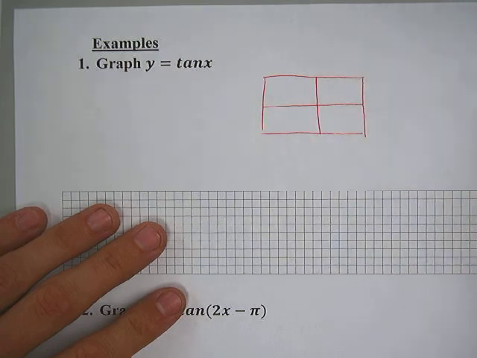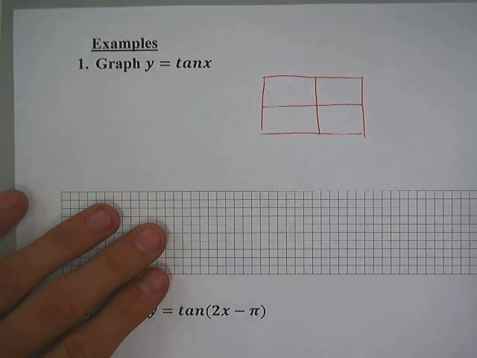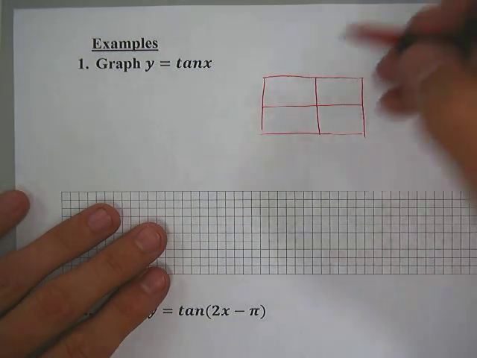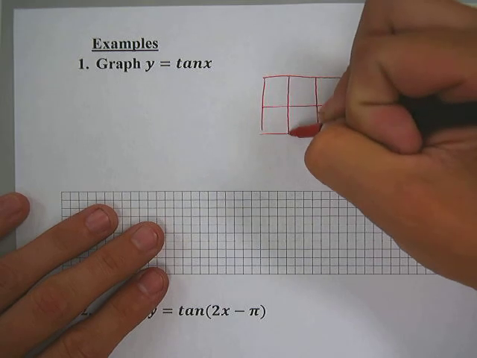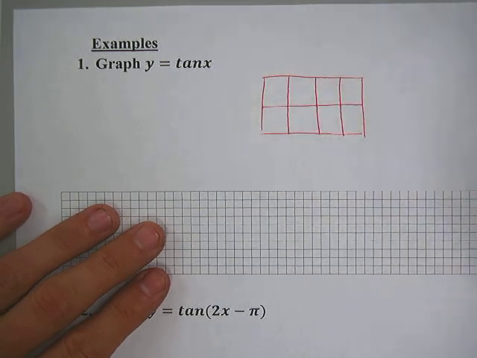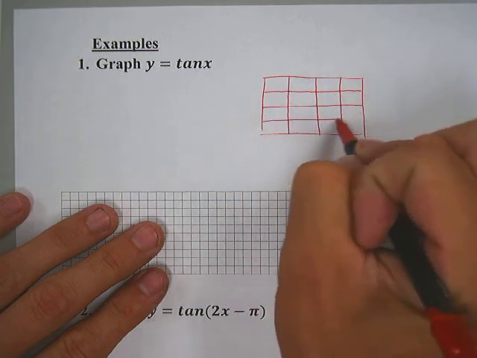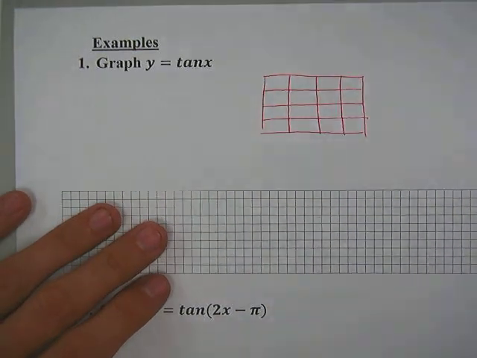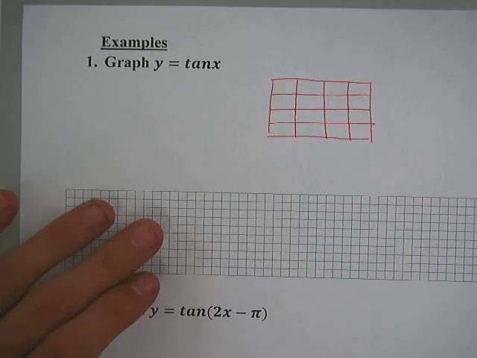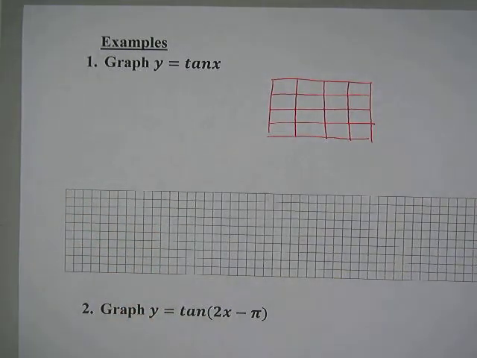Okay, so the first thing, well, let's start here. Now, what I'm going to do is split this thing up even more. So I'm going to split it up this way, and I'm going to split it up this way. Okay, so we got a lot of boxes in there.